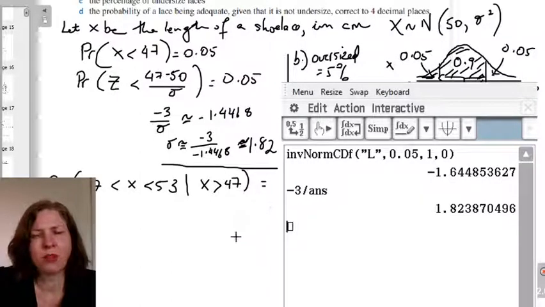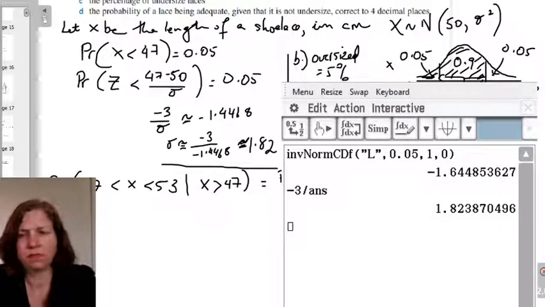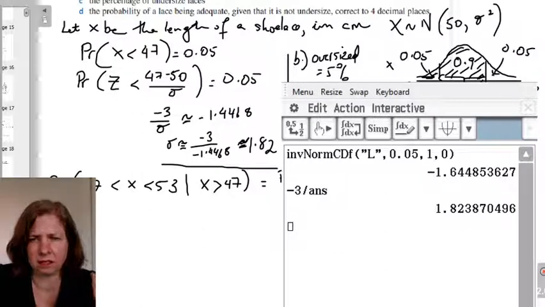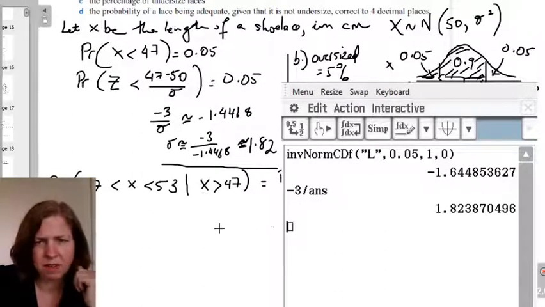Okay. Now, I think I can do this without my calculator. What I'm really looking at here is the probability. Now, I need the intersection first. I've got to make sure I write all the working. The probability of 47 being less than x being less than 53 intersected with x is greater than 47. And I have to then divide it by this second probability, x is greater than 47. Okay.